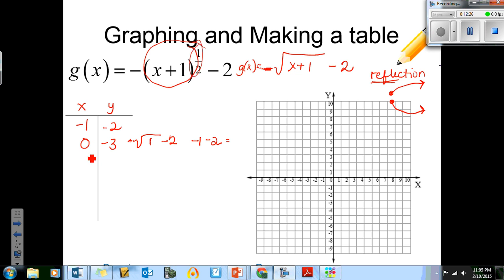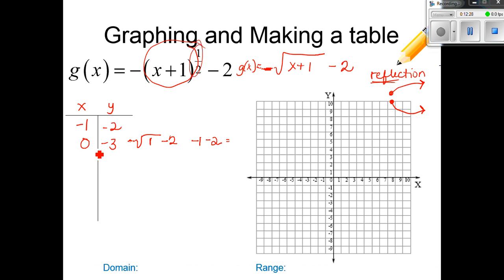Let's keep going. Let's plug a 1 in there. 1 plus 1 is 2. So I'm going to take negative square root of 2 minus 2. The square root of 2 is 1.4. So this is negative 1.4. Don't forget to bring that negative over. Minus 2, which would be negative 3.4.